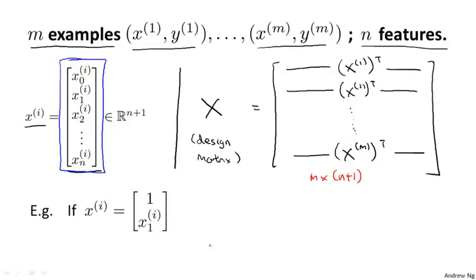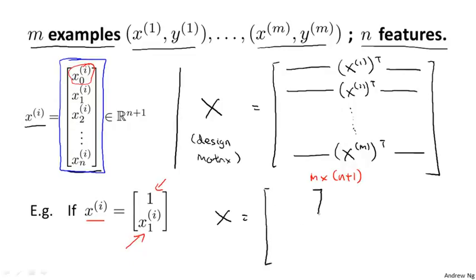As a concrete example, let's say I have only one feature other than x0, which is always equal to 1. So if my feature vectors xi are equal to 1, which is x0, and then some real feature like maybe the size of a house, then my design matrix X would be equal to this.